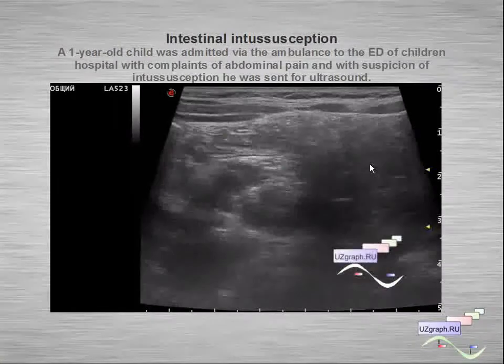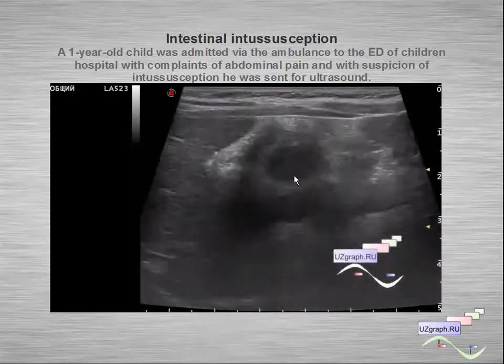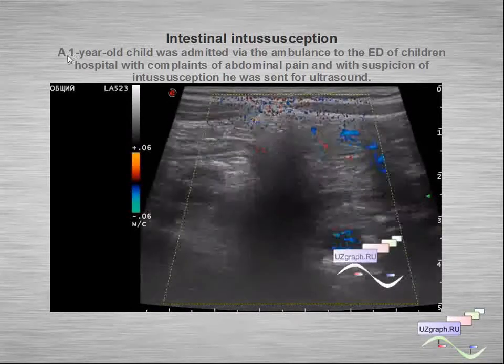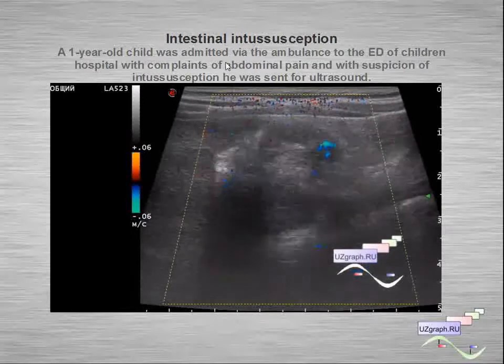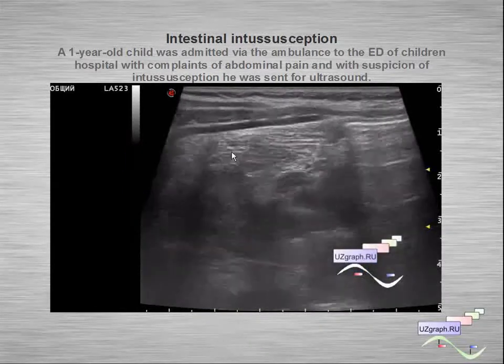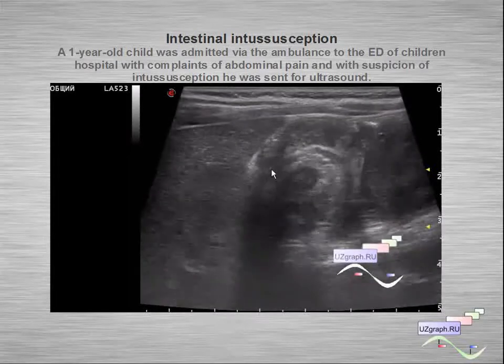And this one is intestinal intussusception in a 1-year-old child. We can see the classical target sign with lymph nodes inside.